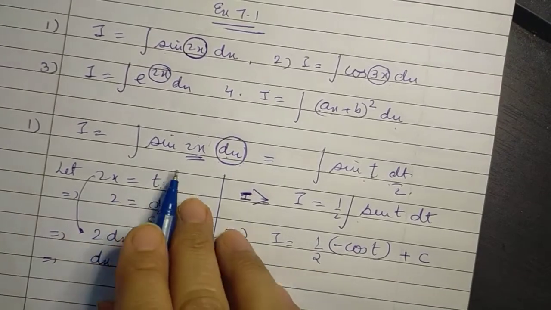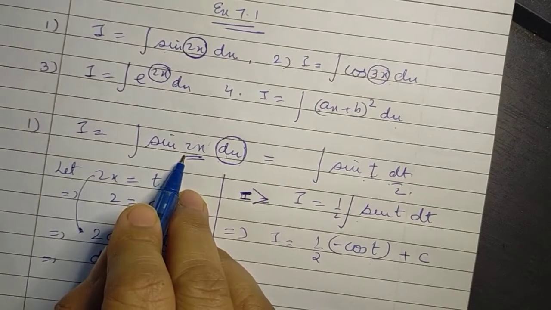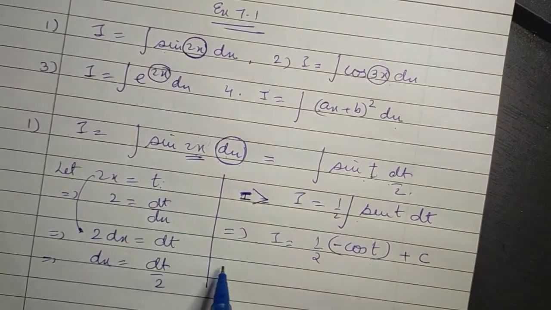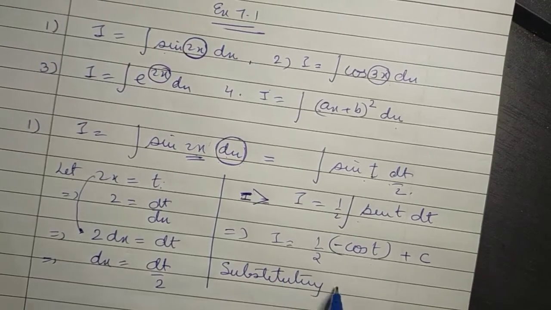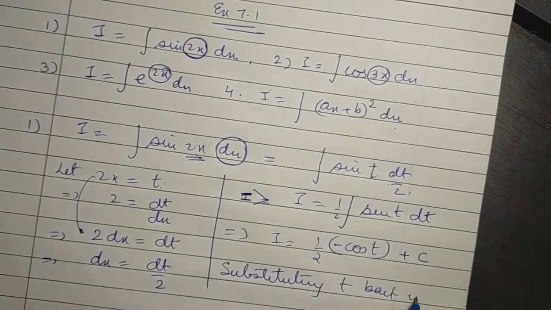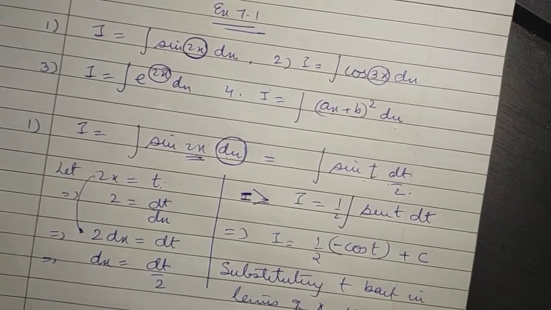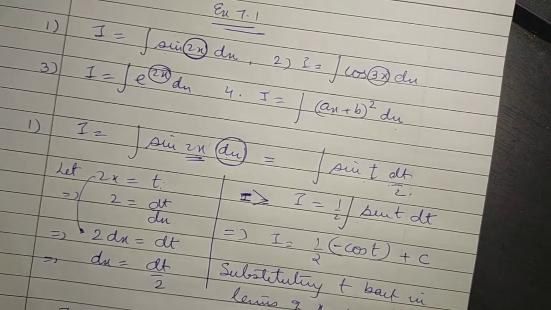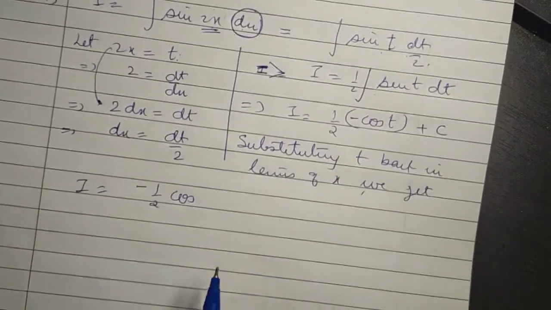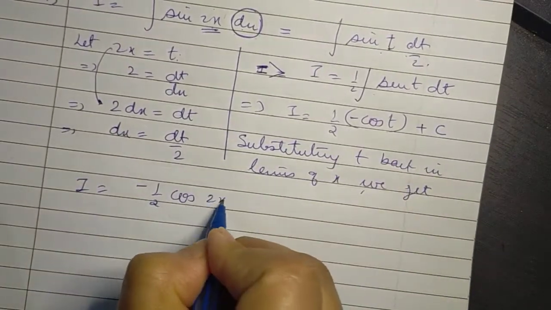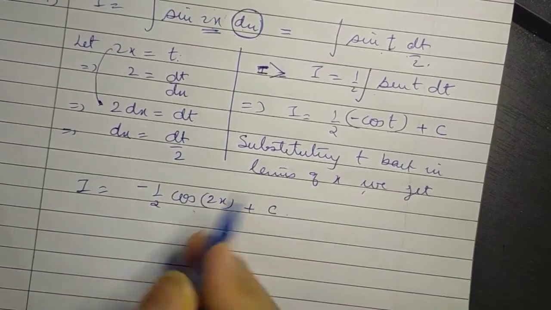We can't report the answer in terms of t when the question was given to us in terms of x. So substituting t back in terms of x, we get I is equal to minus half cos of, in place of t you write 2x, plus c. And so this is the result.